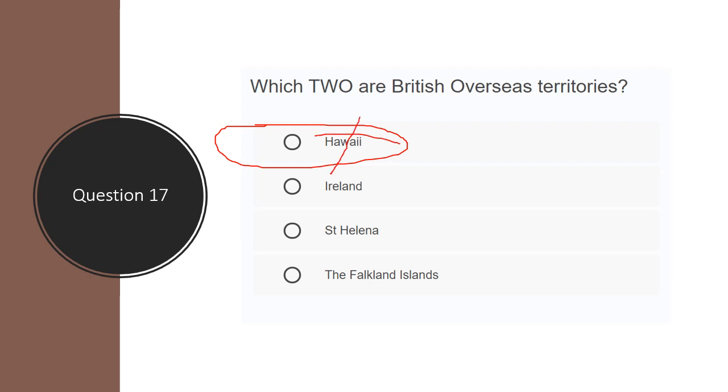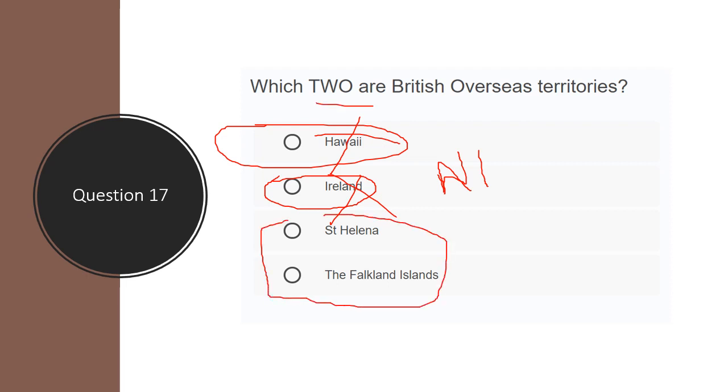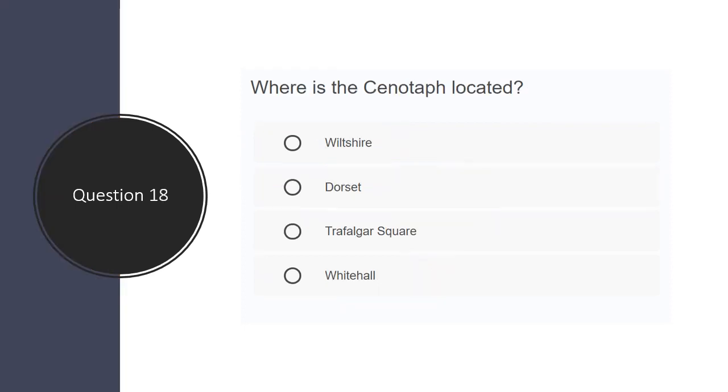Now we have three options. Ireland: we know that Northern Ireland is part of the UK, but Ireland is a separate country, so we put a cross because that's not the option. Only these two options are left, and they are the correct ones: St. Helena and Falkland Islands. That's how you simplify this.